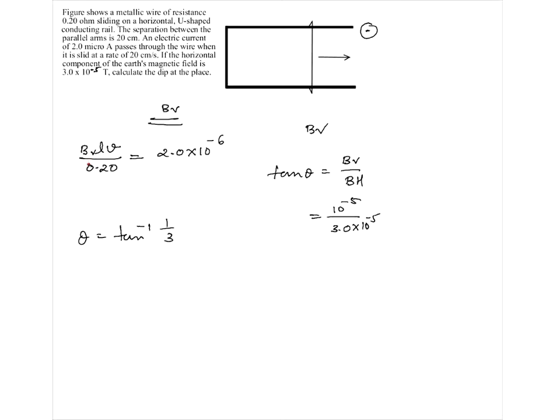Once you have found out dV, then dip can be obtained in this manner: BV, BH, B, theta. Tan theta equal to BV by BH. So do the math and see if you are getting tan theta as 1 by 3.